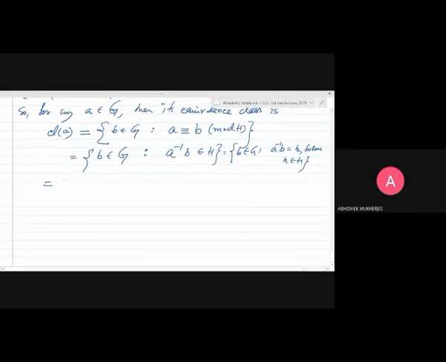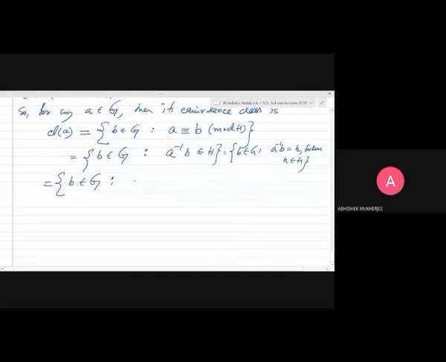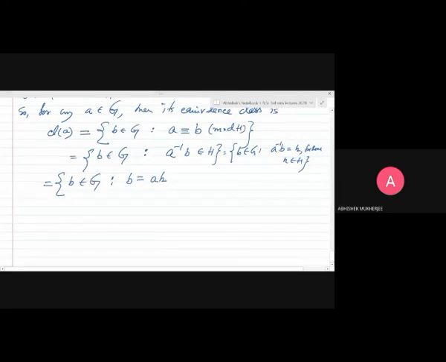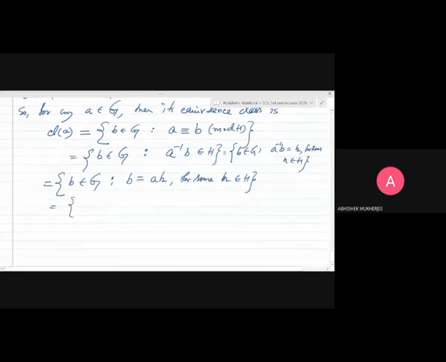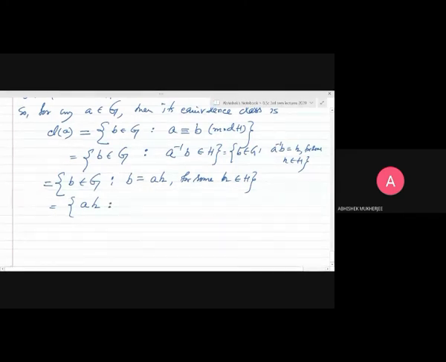That is, those b belonging to G which take the form of a h for some h belonging to capital H, right? So this shows that class a contains those elements which take the form of a h, a composed with h.